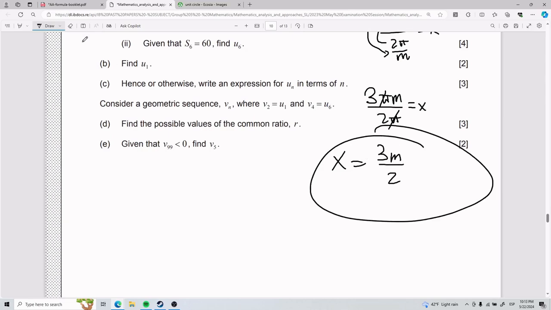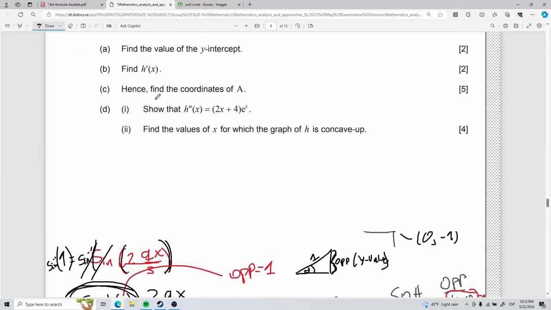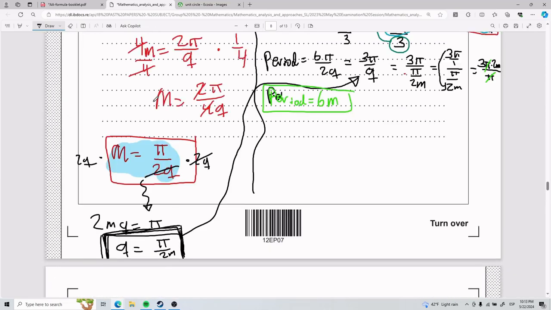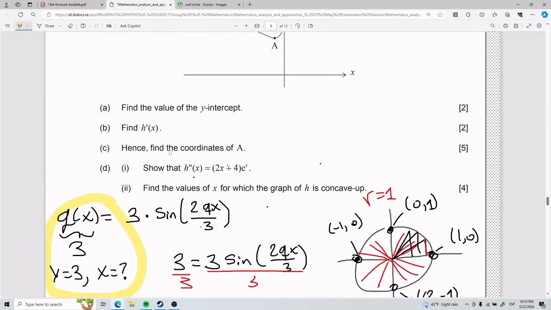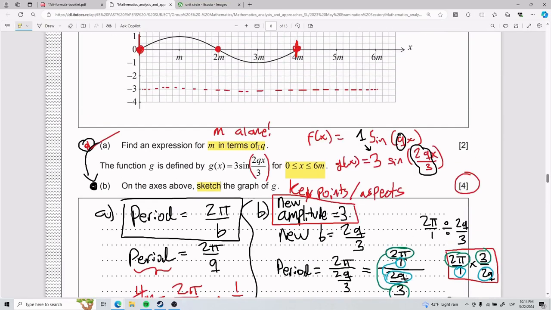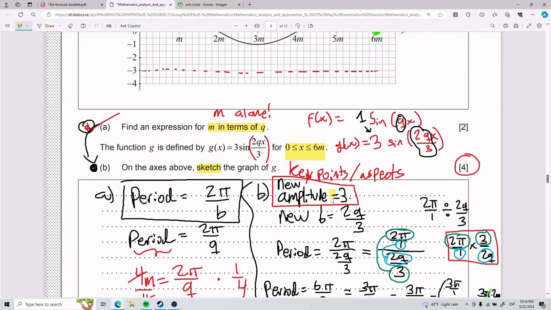And this, ladies and gentlemen, let's recall, comes from the fact that at some point, here, you plugged in 3 for y. So you were asking your function, when y is 3, what is x? And why did we choose 3? Because the new amplitude from here was 3.